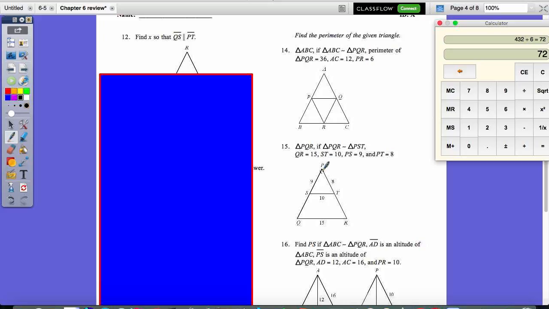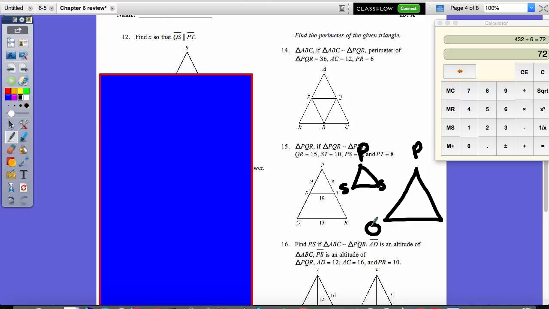So what I said was, I have two triangles, PST and PQR. And these side lengths, it's hard to read that. But the moral of the story is ST corresponds to QR.